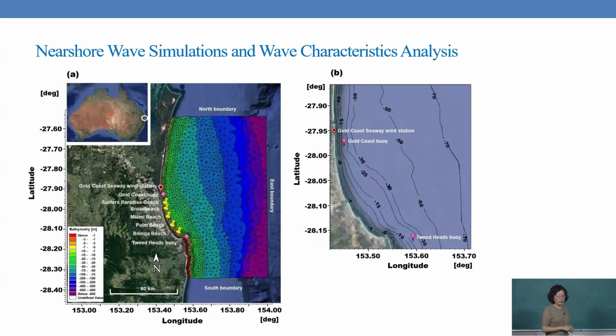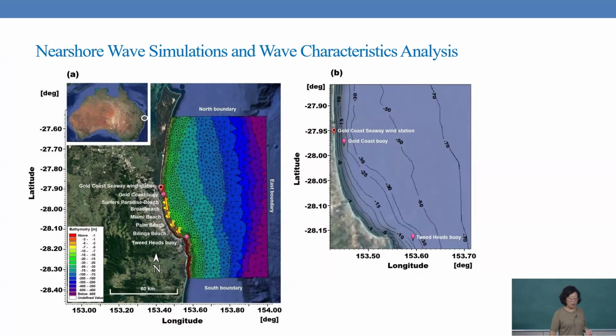This is one of the cases where we have set up the model. This is the Gold Coast area. We have all those buoys or measurement points, like we list here. We list all of those measurement points, either for buoys or for profile transects.